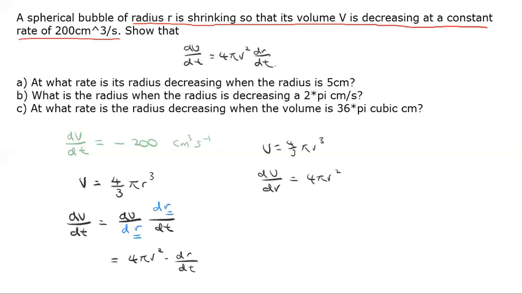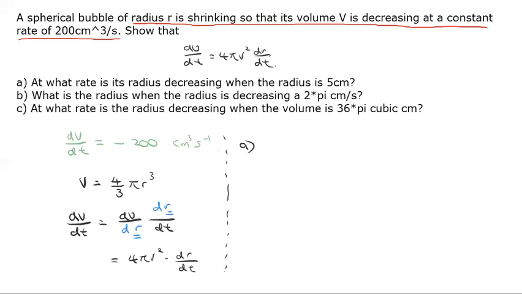All right. So then I guess we need to do the next, A, B, C now. So A: at what rate is its radius decreasing when the radius is 5? So let me rub that off and we'll continue here for A. So A, what is it asking? At what rate is its radius decreasing? So they're saying find what? dr dt.